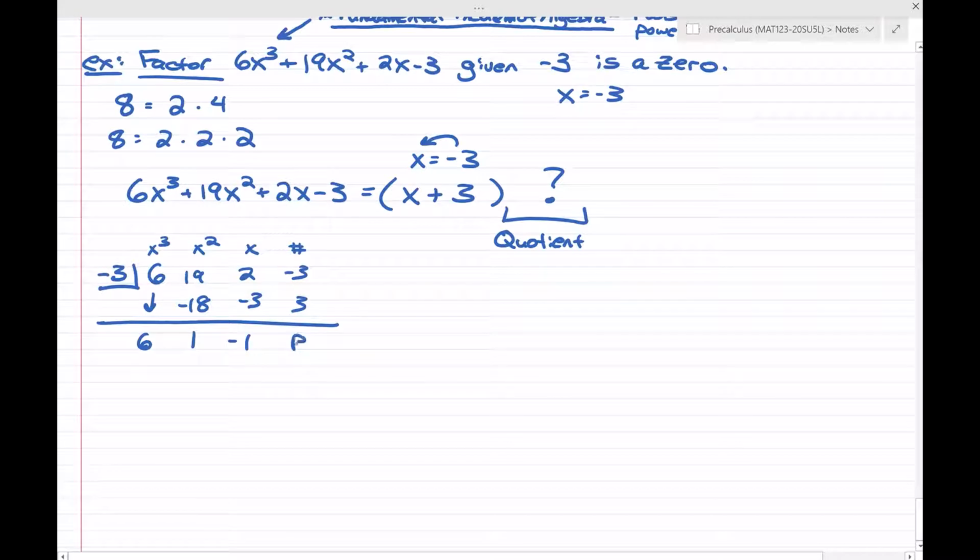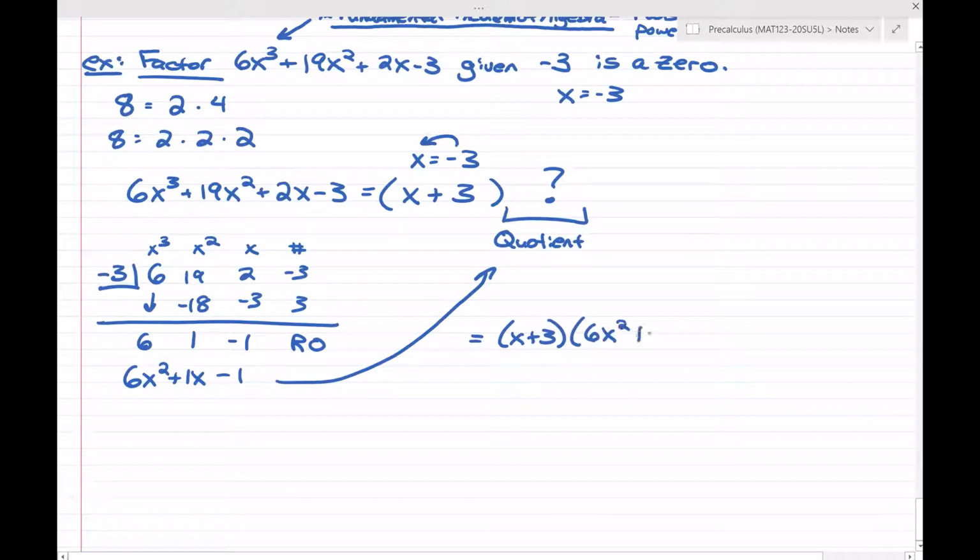And you can see that we do get a remainder of nothing. That's good. It's a factor, and we were told it was a factor. Remember, this is called a depressed polynomial because it's 1 degree lower than the original polynomial. That's going to go right here. So at this point, we know 6x to the third plus 19x squared plus 2x minus 3 is equal to x plus 3 times 6x squared plus x minus 1.